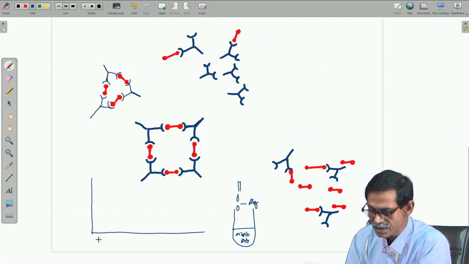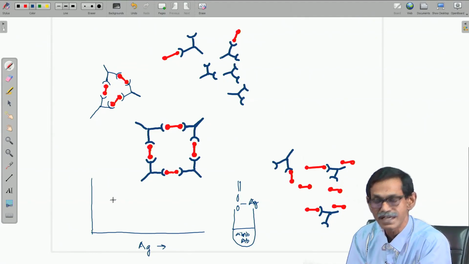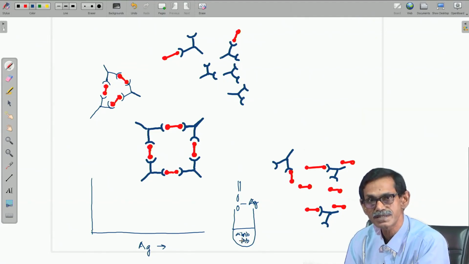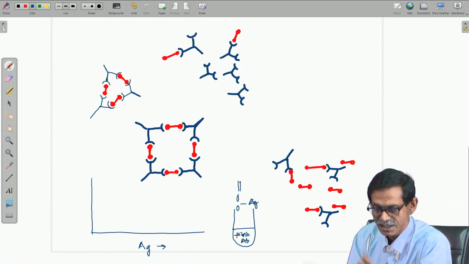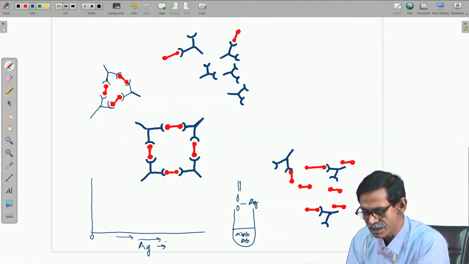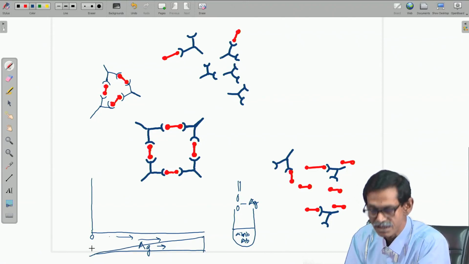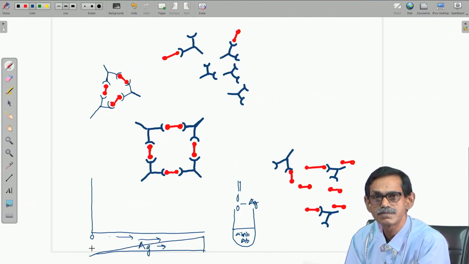If this is the antigen concentration, the amount of antibody is fixed, you are adding antigen drop wise. So, initially the antigen concentration at the very beginning is 0, and then it is gradually increasing.